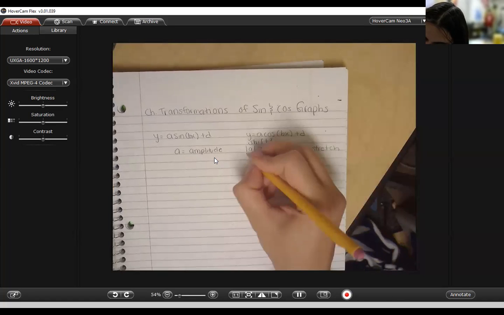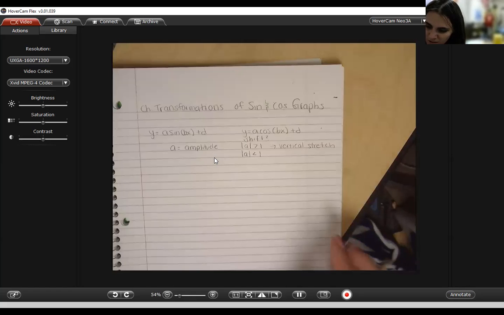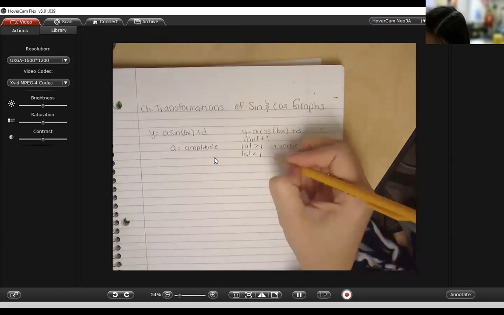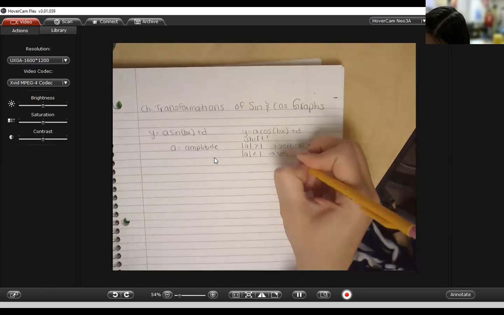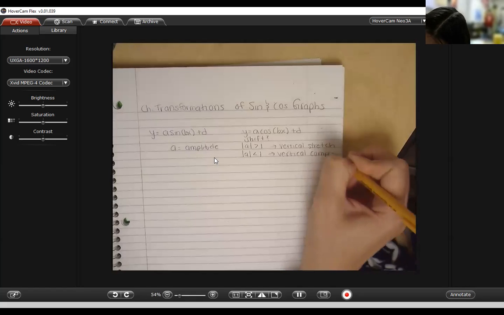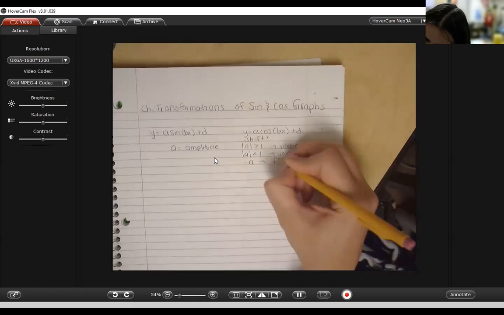If the absolute value of A was less than 1, so if A is a fraction or a small decimal, that's when we have a vertical compression. And we said if A was negative, a negative A flips the graph.